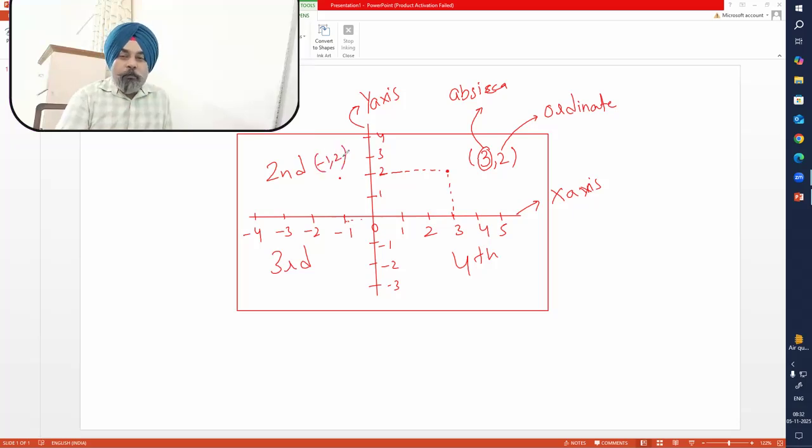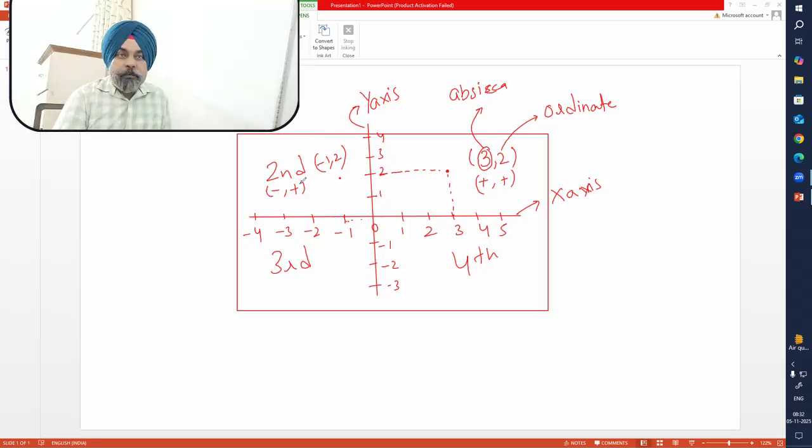Before going forward, I will let you know where your coordinates will have positive or negative values. In the first quadrant, both the x and y coordinates will be positive. In the second quadrant, the x coordinate will be negative and the y coordinate positive. In the third quadrant, both will be negative.